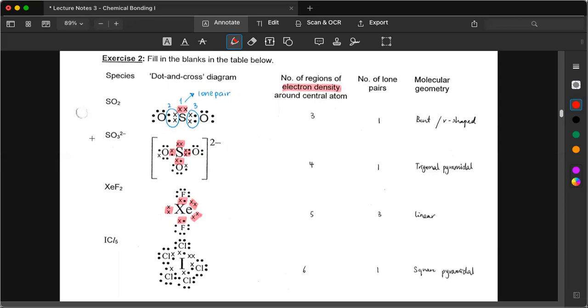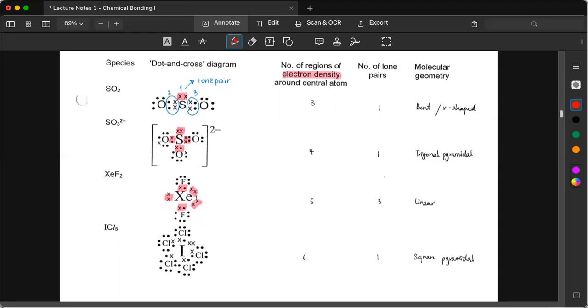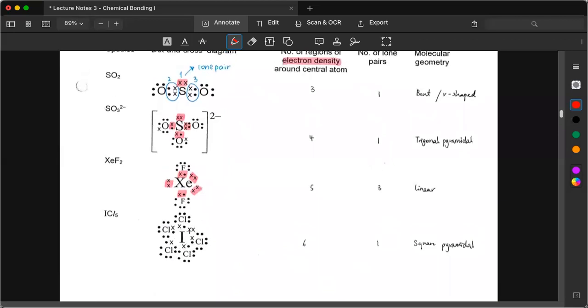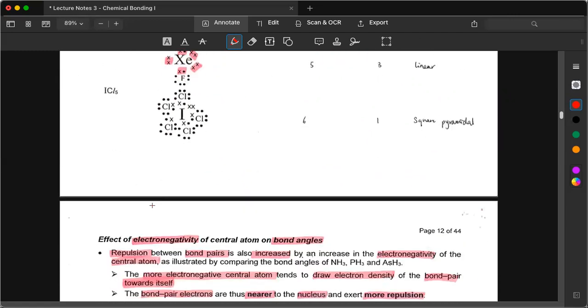As for SO3 2-, there are 4 electron density with 1 lone pair, so it is trigonal pyramidal. For this, we have 5 electron density around the central atom, but there are 3 lone pairs, so it is linear. For this, we have 6 electron density and 1 lone pair, which is square pyramidal.